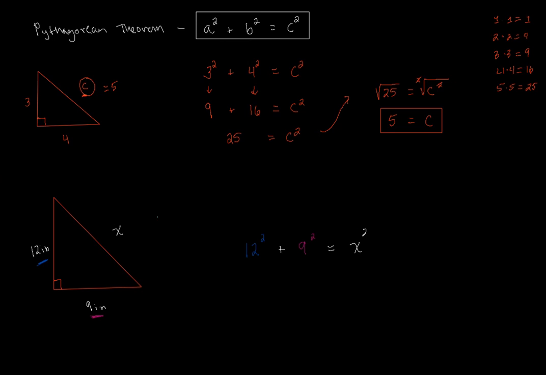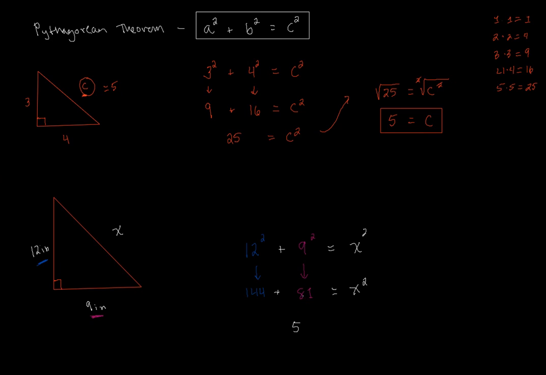Let's take 12 squared. 12 times 12 gives us 144. Plus 9 squared, 9 times 9 is 81. And that should equal x squared, the sum of those two. If we add 144 and 81, in the ones place we get 5, from 1 plus 4.